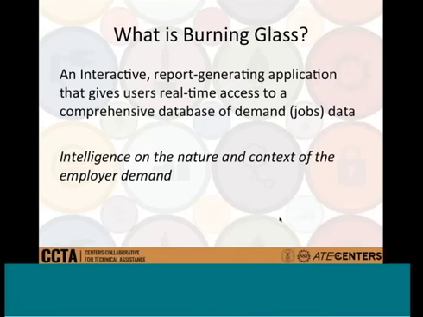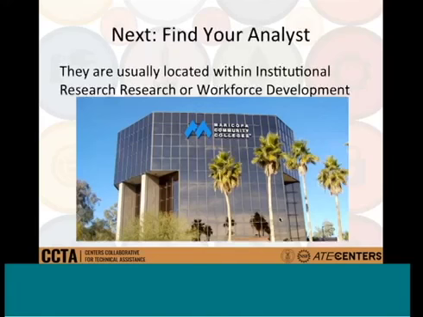Look at the italics, where this is what they like to say: intelligence on the nature and context of the employer demand. Boy, would I like to know that. I want to know the nature and context of the employer demand. That makes me interested. I know this is what's on their website, but nonetheless, if they can deliver on that promise, I'm very interested. What do you do next?